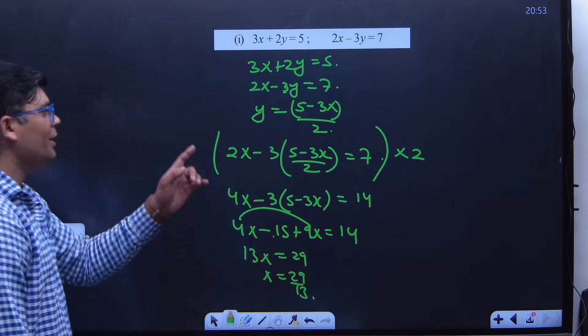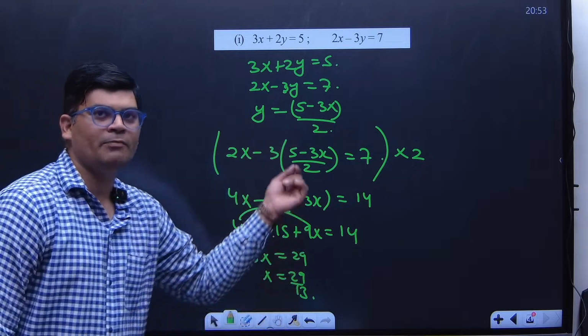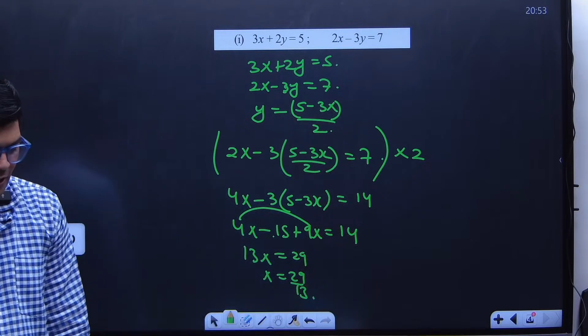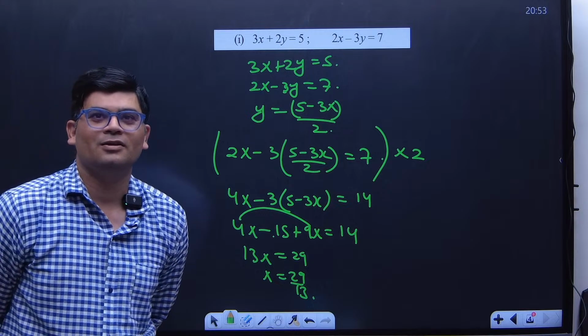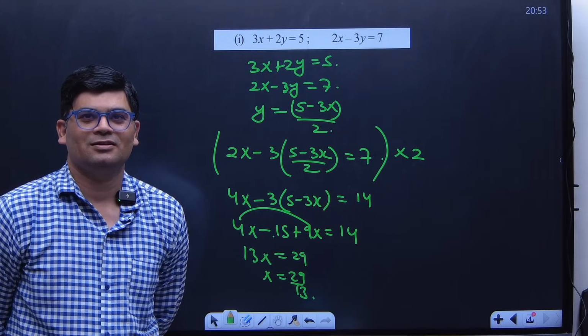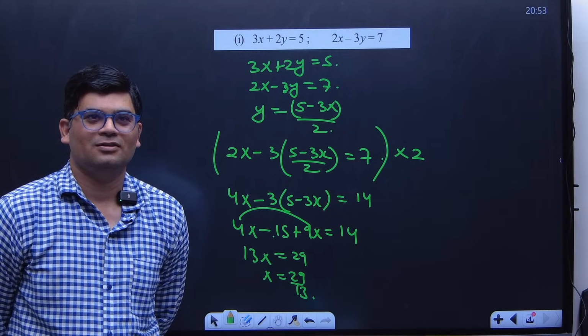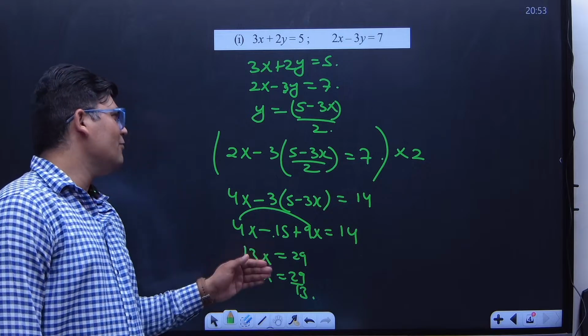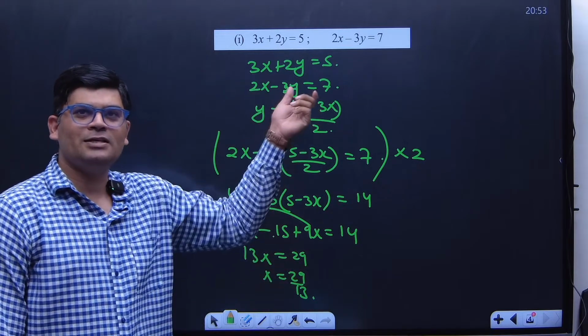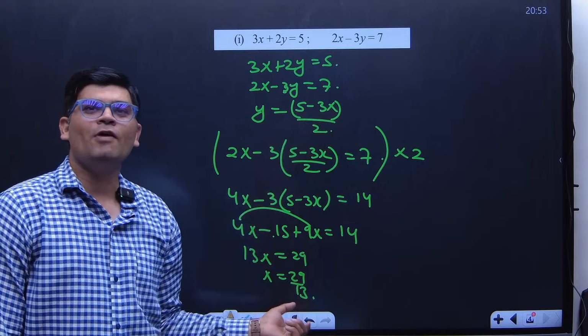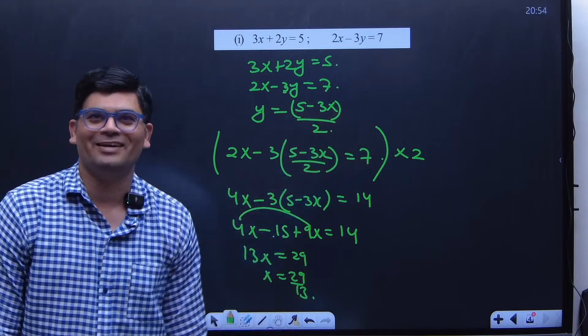I want you to find the value of y by putting 29 by 13 in this equation and let me know. Yes, tell me. What do I have to find out? You have to find the value of y by putting the value of x in this equation. See, you found x, now you have to find y.